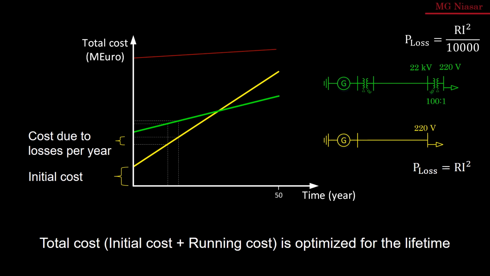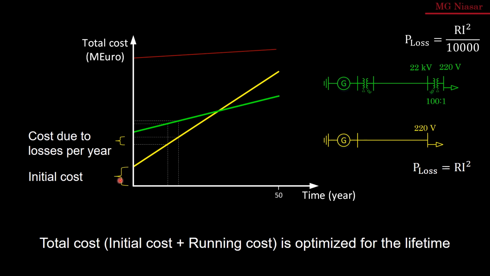Here we have to look at the cost problem. The total cost of a transmission line includes initial investment and the running cost. The running cost is basically mostly due to the losses and also due to the maintenance and repair. Now if you look at this yellow line, this is the low voltage line that we have discussed.